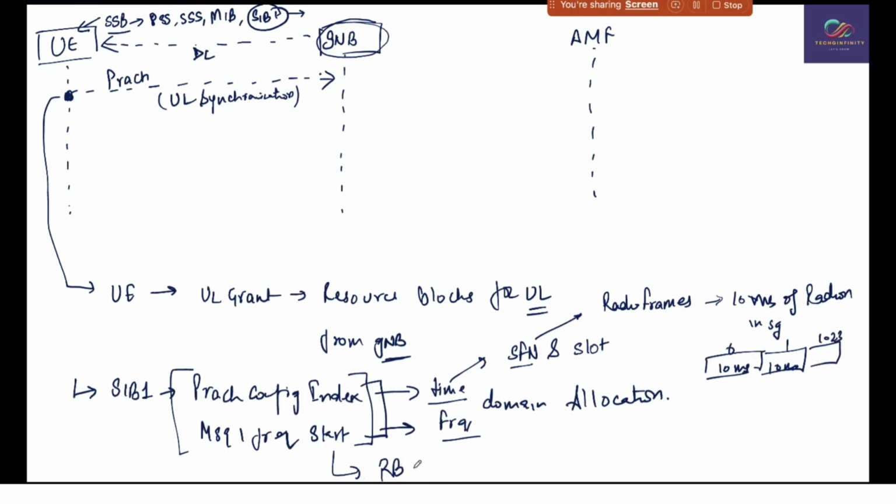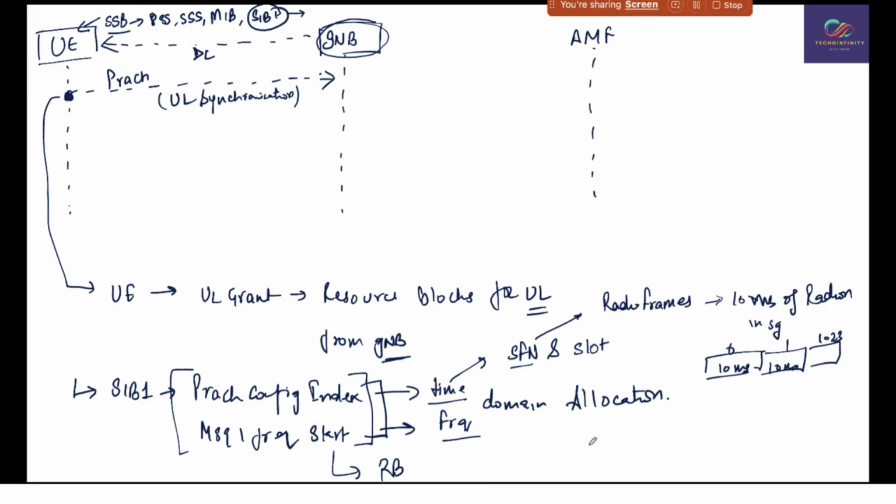Now in 4G, we were using 6 resource blocks for sending out our PRACH. But here, why are we not saying that we are using 6 only? Because we have subcarrier spacing that varies for the RACH symbol, for the PRACH.